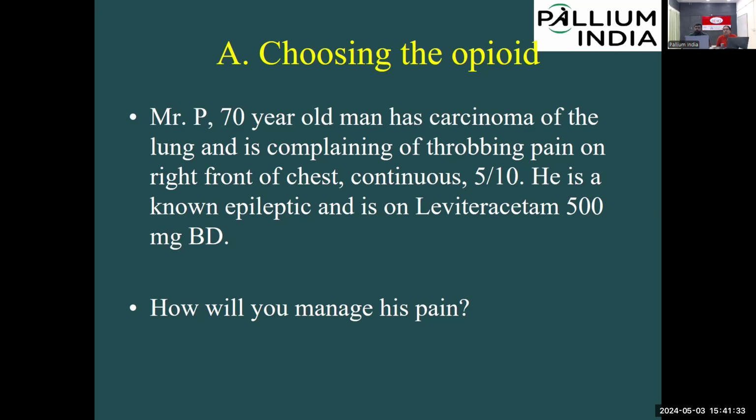Use gabapentin and pregabalin combination medicines to relieve the pain. Okay. The patient is having continuous throbbing type of pain. We didn't see any neuropathic component in it. Do you find any neuropathic component in it? Why were you suggesting adjuvants?